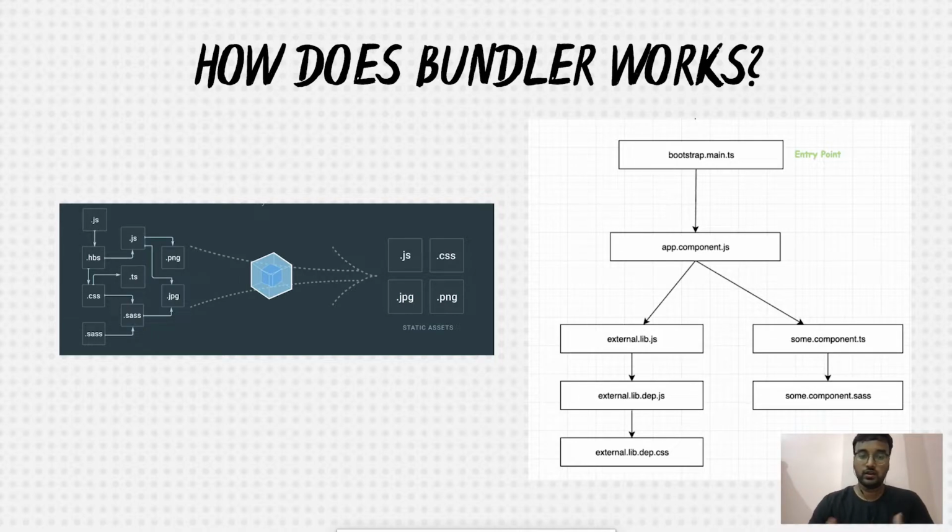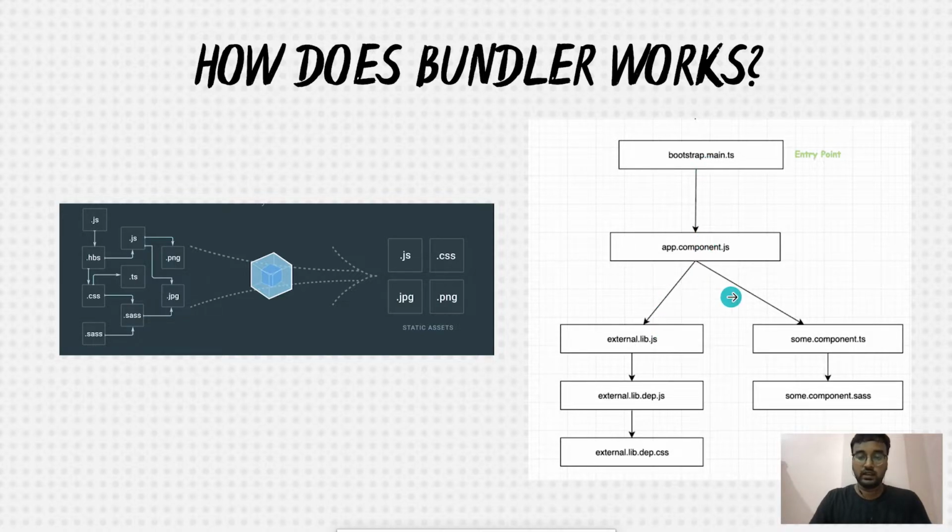So in the configuration, we provide the entry point, which is where Webpack starts the processing. Let's say, for example, we have given the entry point as bootstrap.main.ts. Then it checks, okay, app.component.js has been imported in our bootstrap file, so it creates a dependency graph based on that.